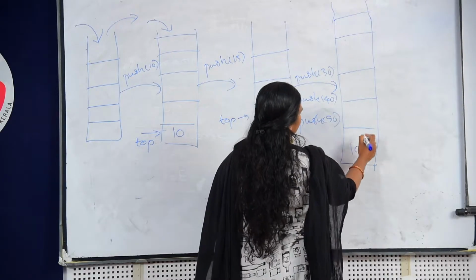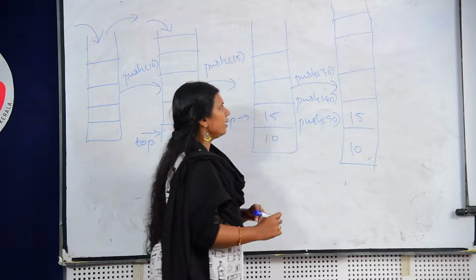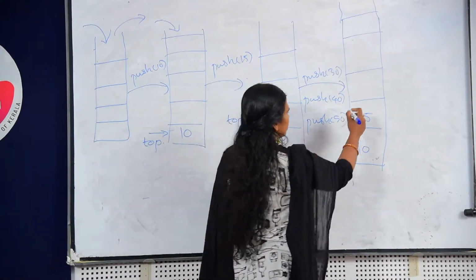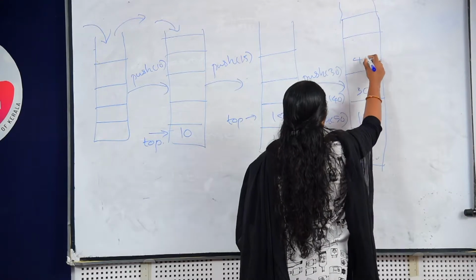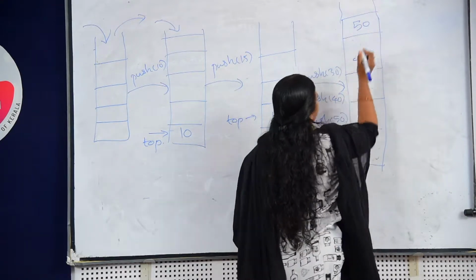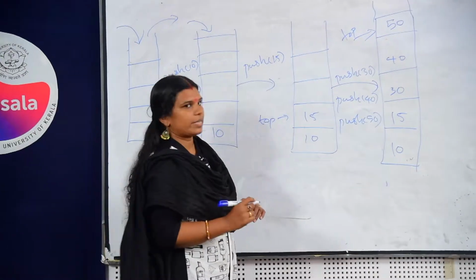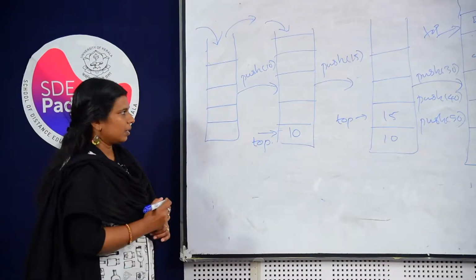That is, already we have 10, 15 there and we are performing three consecutive push operations, that is push of 30, push of 40 and push of 50. Now our top is pointing to the topmost element 50.